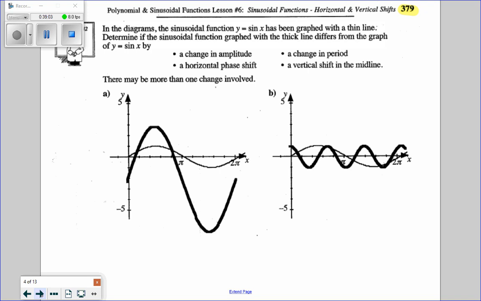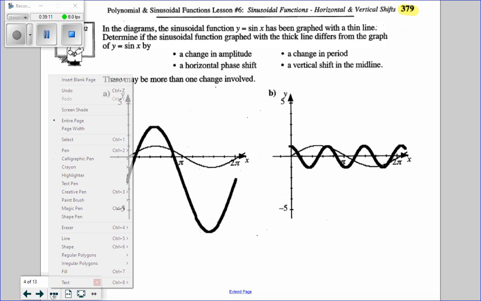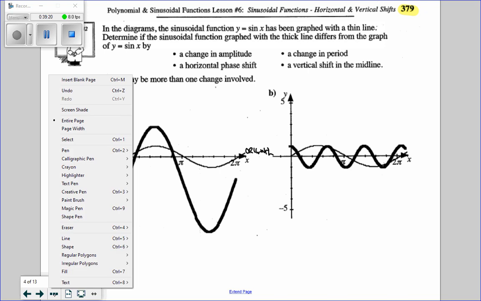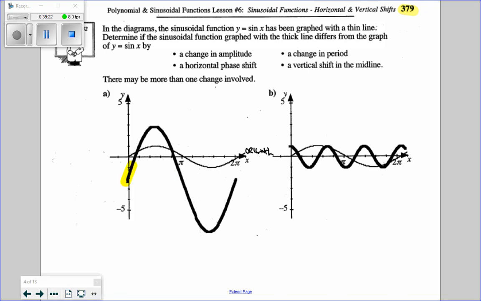So it says, in the diagrams, the sinusoidal function has been graphed with the thin line. So if you have a highlighter, the thin line is the original. So this is the original. The thick line, this is the new.